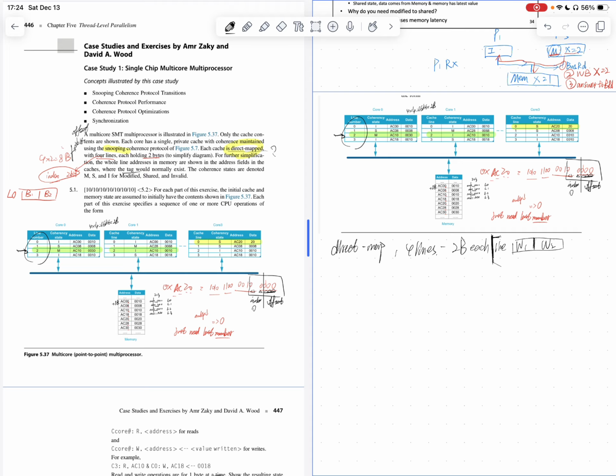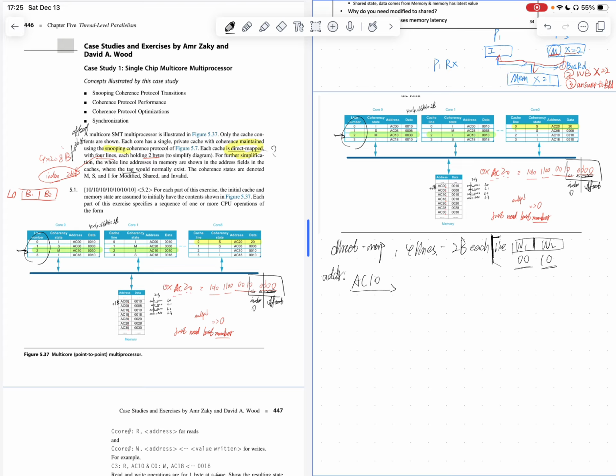For example, this 0010, right? The word 1 is 0 0, the other is 1 0. And how does the address work? For example, AC10, let's say. If you remember, we will turn it into a bit representation, right?